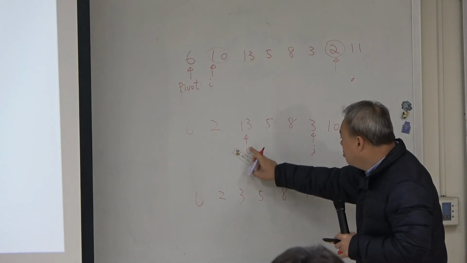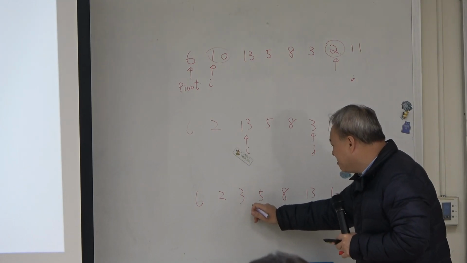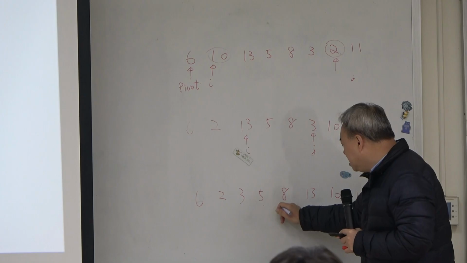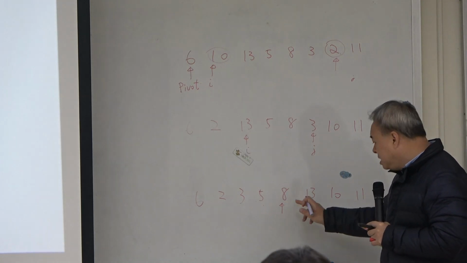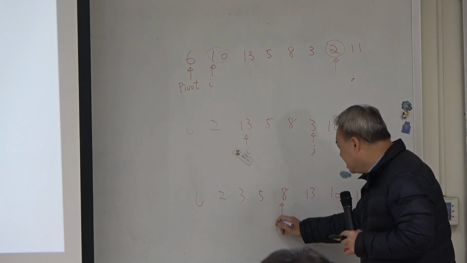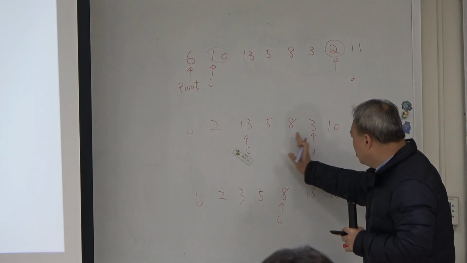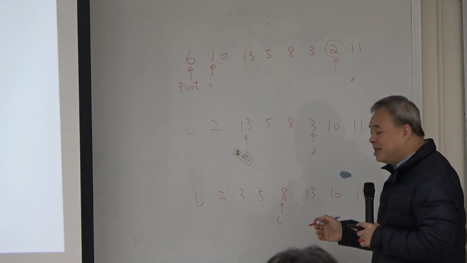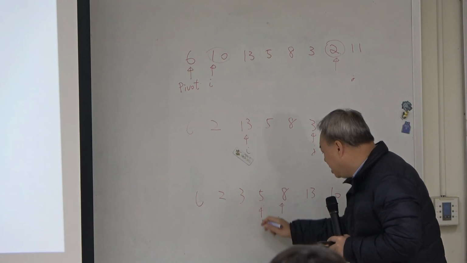So now we move I again, to the right until we find something that is greater than 6, right? So it's here. Okay, 8 is greater than 6, so I is here. And the J, again, we move to the left until we find an element that is smaller than 6, right? So this is J, right?